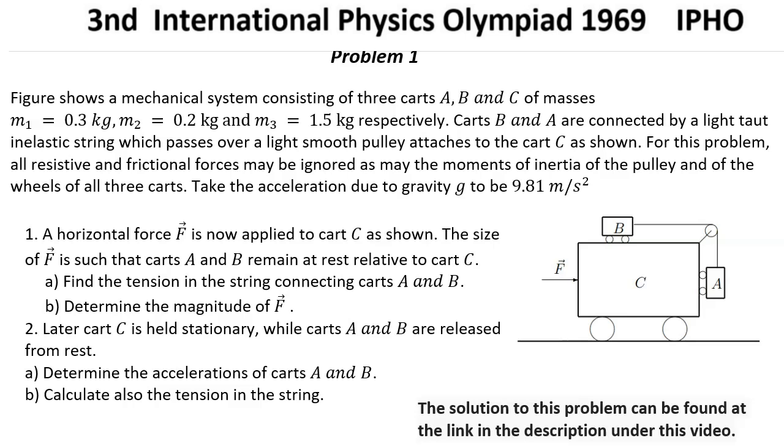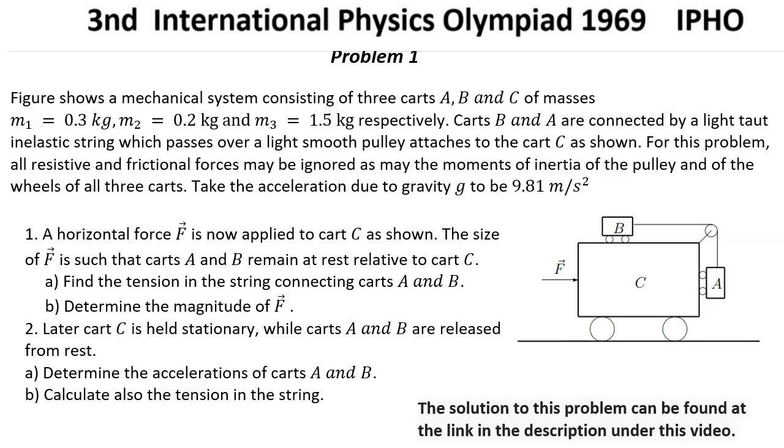0.3 kg, M2 equals 0.2 kg, and M3 equals 1.5 kg respectively. Carts A and B are connected by a light taut inelastic string which passes over a light smooth pulley attached to the cart C as shown.